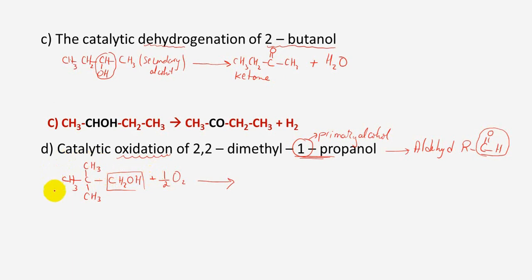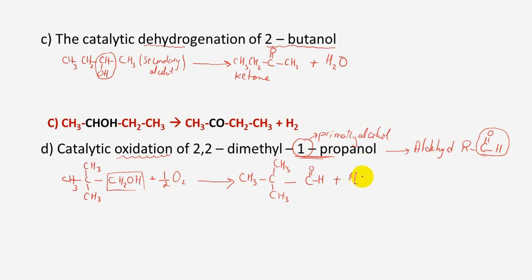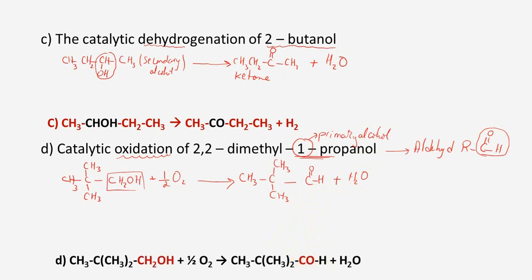So I conserve the carbon chain as it is, CH3, C, CH3, CH3, and it changes into the aldehyde group C double bond OH. The other product in catalytic oxidation is H2O, water. So this is the equation of the reaction. This is a part of catalytic oxidation for primary and secondary alcohol.